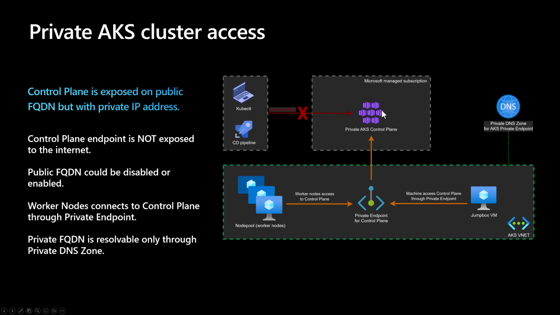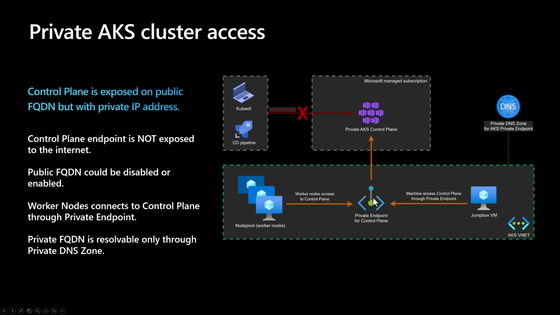Now that we don't have that public IP, the control plane is injected, or projected, into the AKS VNet using the private endpoint. That private endpoint will route traffic to the control plane. So my worker nodes will connect to the private AKS not through public traffic over the internet, but through private traffic via the private endpoint.